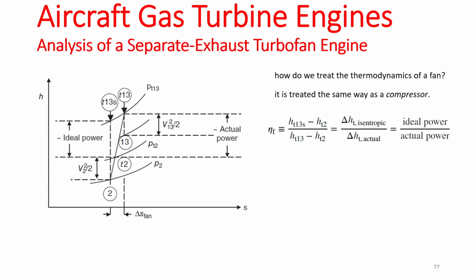So the enthalpy difference when you go from station 2 to station 13 isentropically is going to be on the numerator, divided by the enthalpy difference of the actual case. Okay. Is this clear? Yeah. Okay.